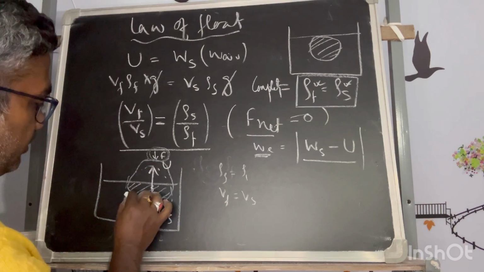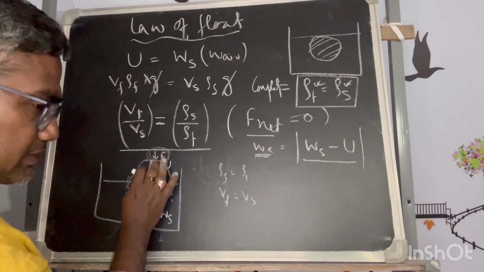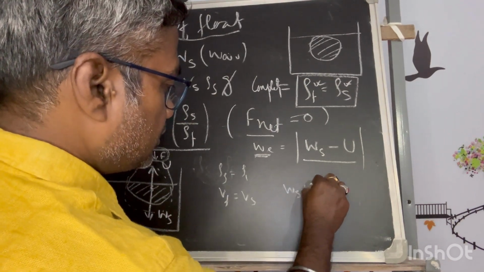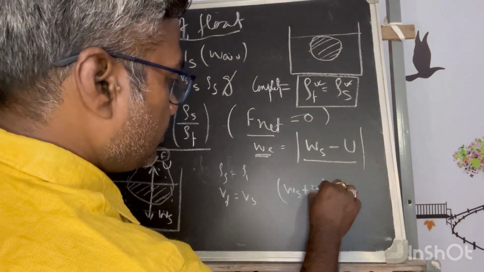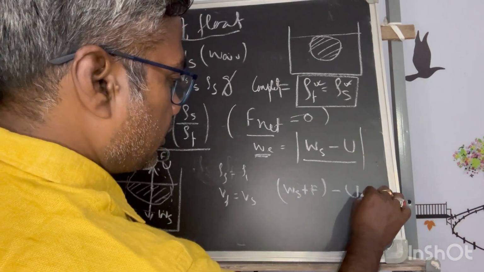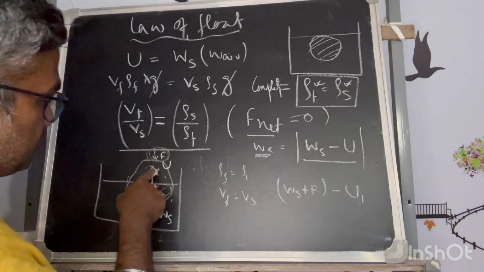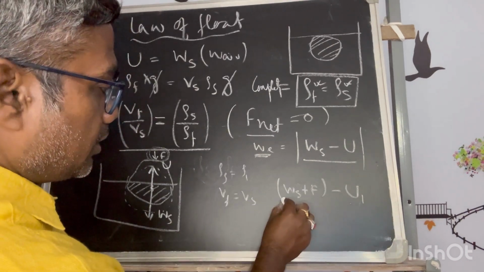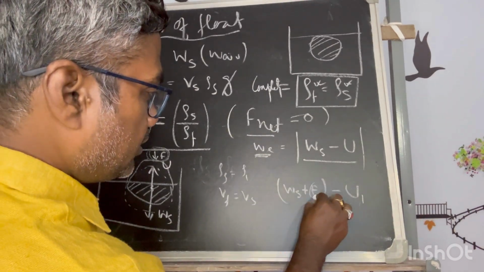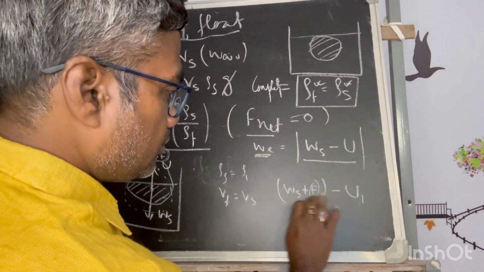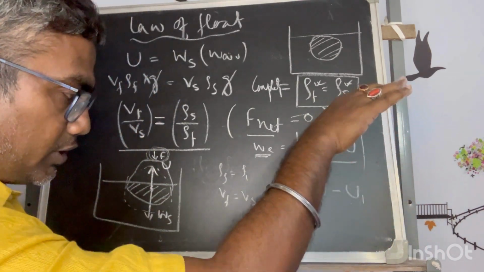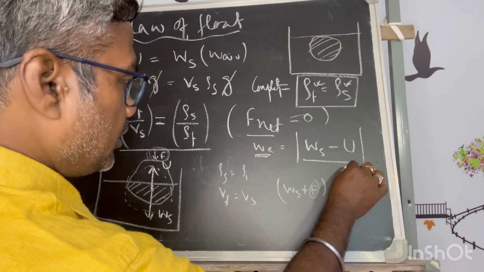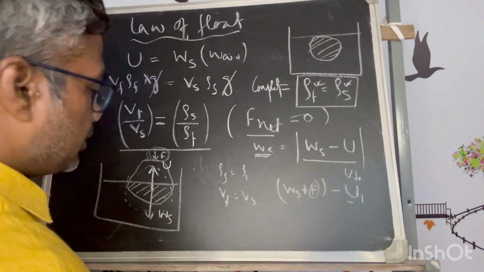Let's say I am putting this force and the body is compelled to be somewhere here. Due to the force, it is going down, so there is an imbalance of force. This is the force minus U, but this U will not be the same as U in the absence of the force. It will be U1. Till it is there, it is causing the body to go down. But at the same time, U will increase from U to U1. How is it increasing?